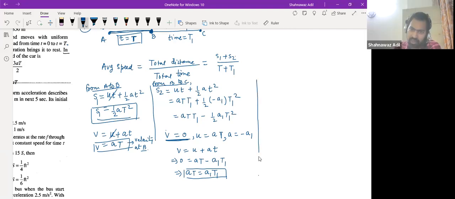So now let us put this A1 T1 value in this equation. Then what will we get? We'll get S2 equal to AT T1 minus half, and A1 T1 is AT, and then this is T. So this is ATT1, this is half ATT1. So 1 minus half is half. So we'll get half ATT1.